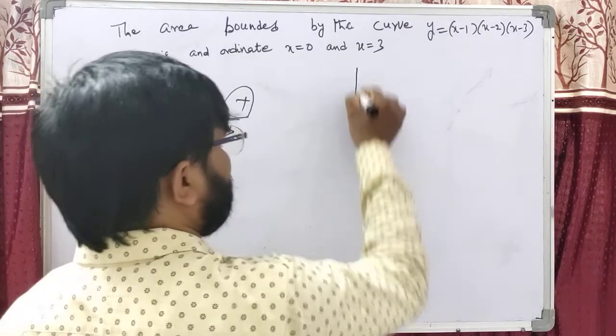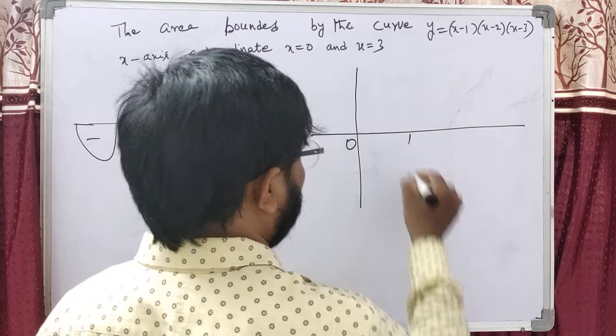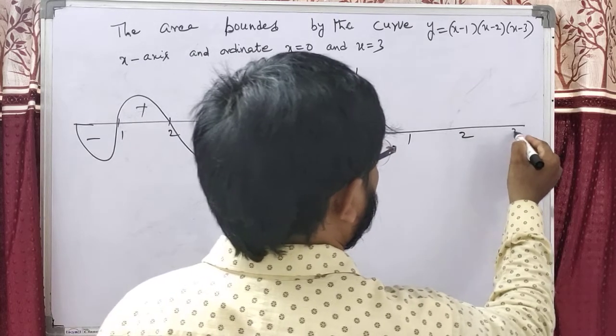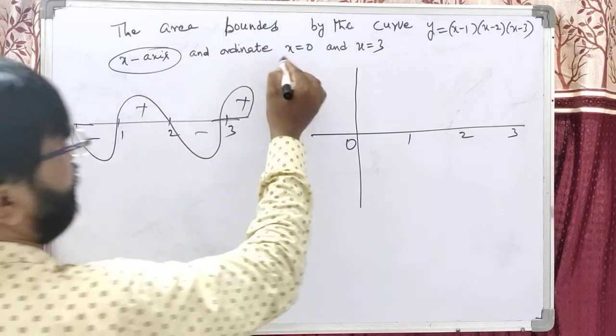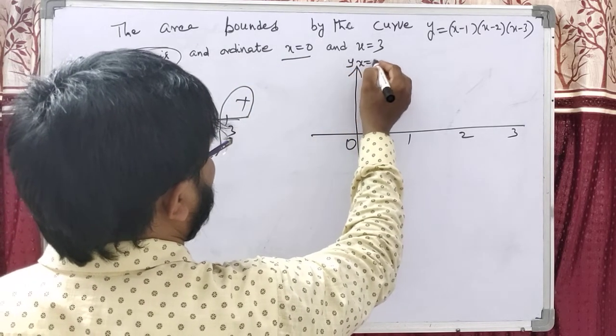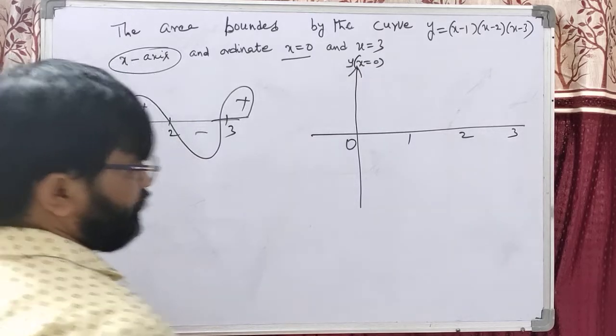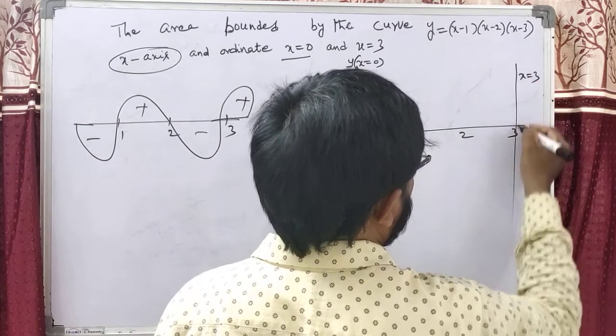Now we can draw the graph here: 0, 1, 2, 3. We also find the area between the x-axis and the ordinates. This is the y-axis, which means nothing but x equals 0. Dear students, now this is the line x equals 3.